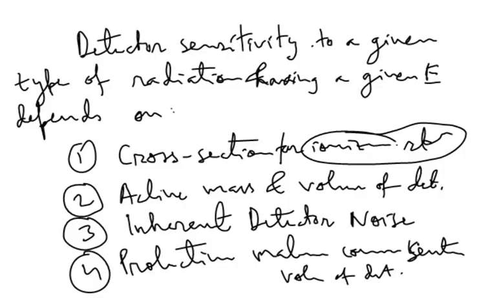Interaction cross sections are usually very small, so a high mass density and volume are necessary to ensure a reasonable interaction rate. Otherwise, the detector just becomes essentially transparent to the radiation.